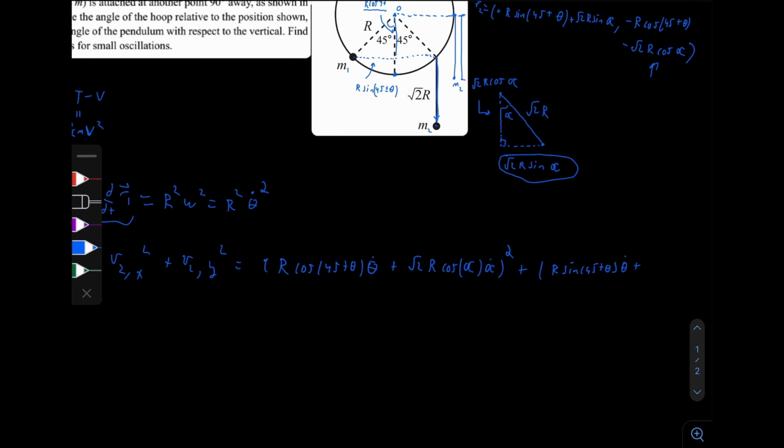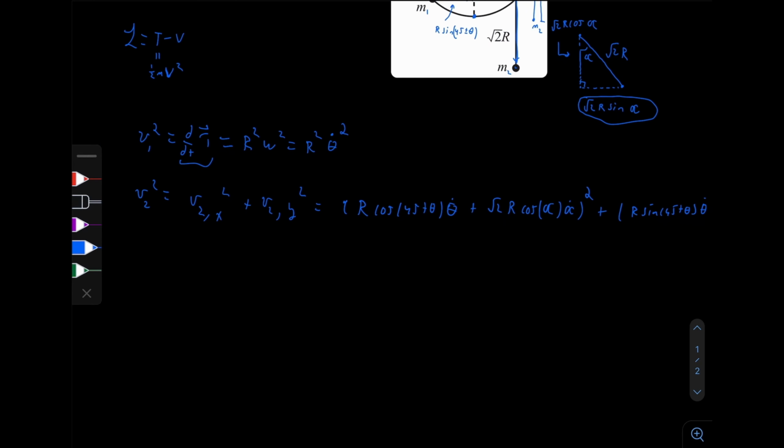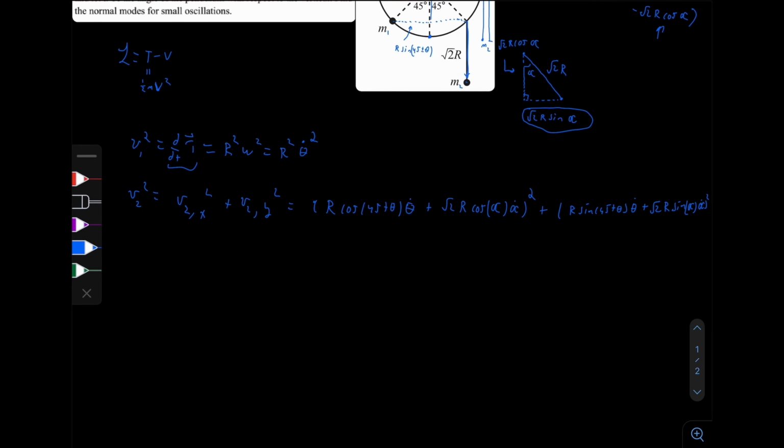And then again the minuses will cancel, and we'll have plus root 2r sine of alpha times alpha dot, squared. Running out of room. Actually, I should have changed pens. Whatever, it's too late now.